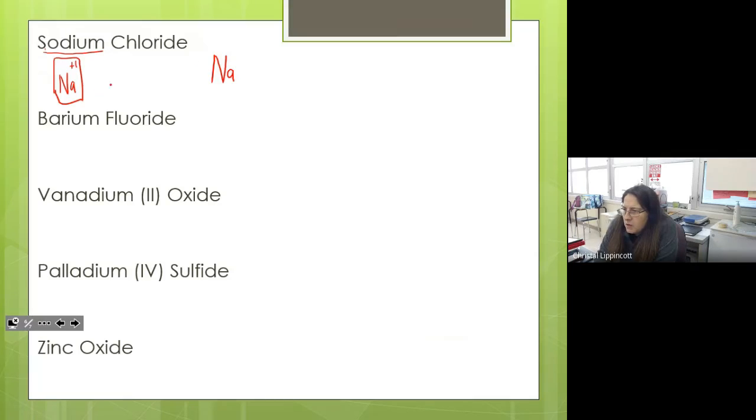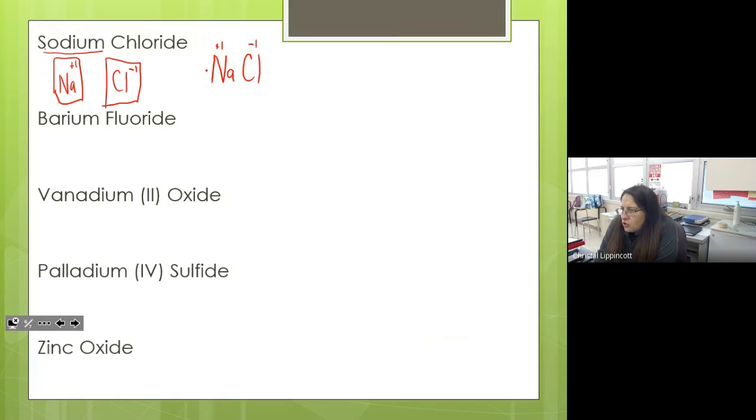Do you see that? That +1 you're going to write on top of this sodium in what's going to be our formula. Then you're going to find chlorine. And chlorine is number 17 on your periodic table. At this point, you should have 1 number in there, and that should be a -1. Okay, so I'm going to write that -1 above here.